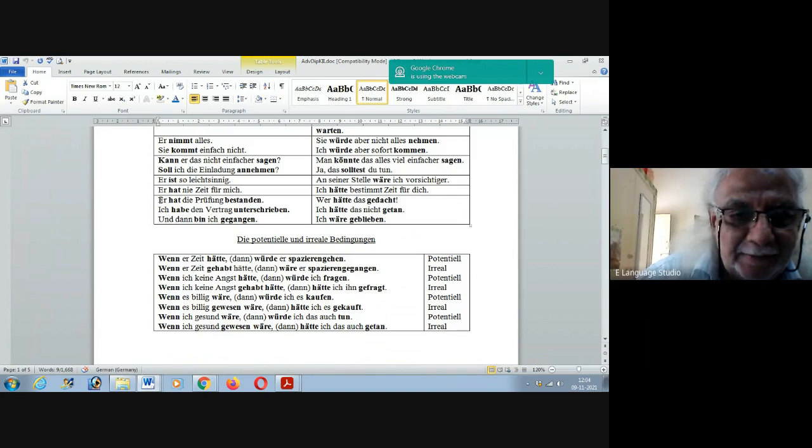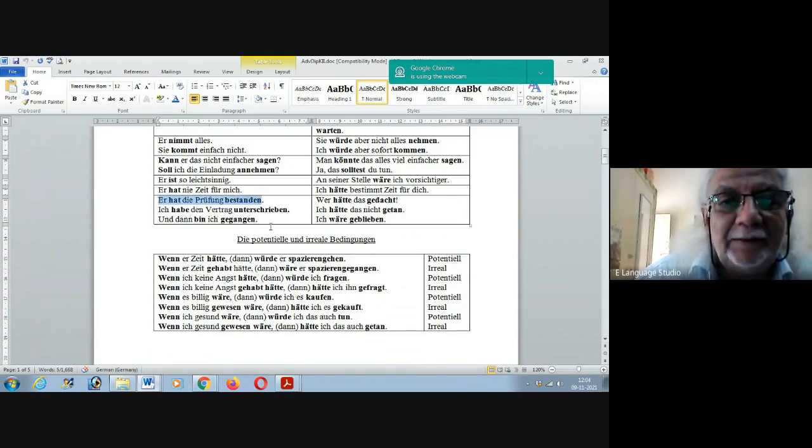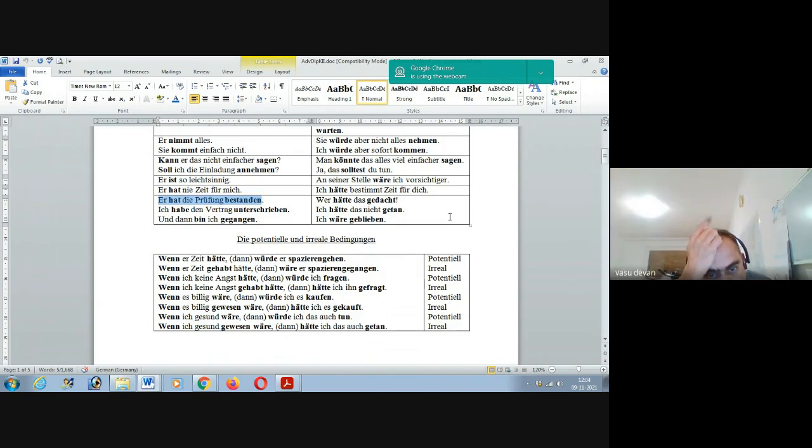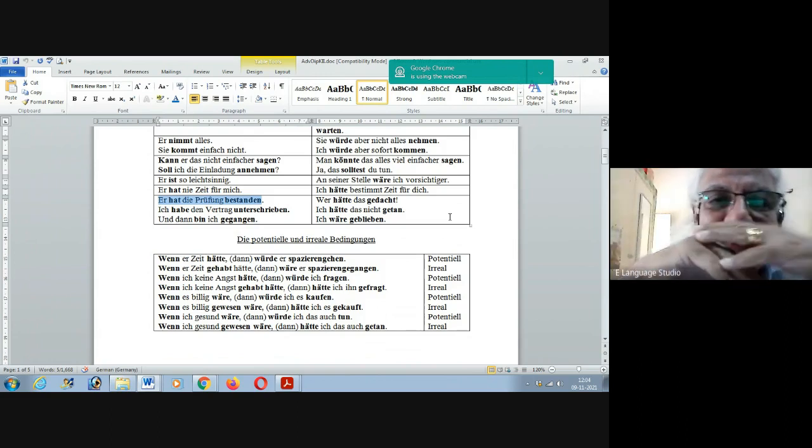See, look at this. Hat die Prüfung bestanden. And then the normal reaction, who would have thought of that? Wer hätte das gedacht? See? This is such a normal, common reaction.